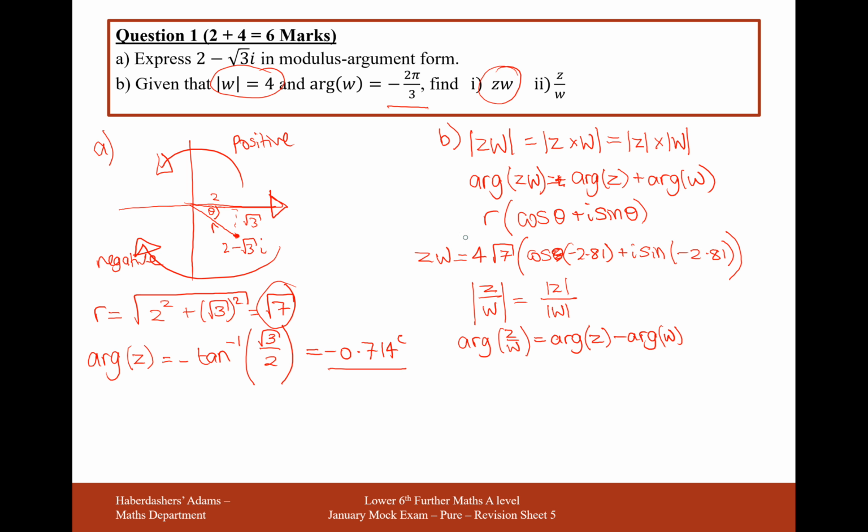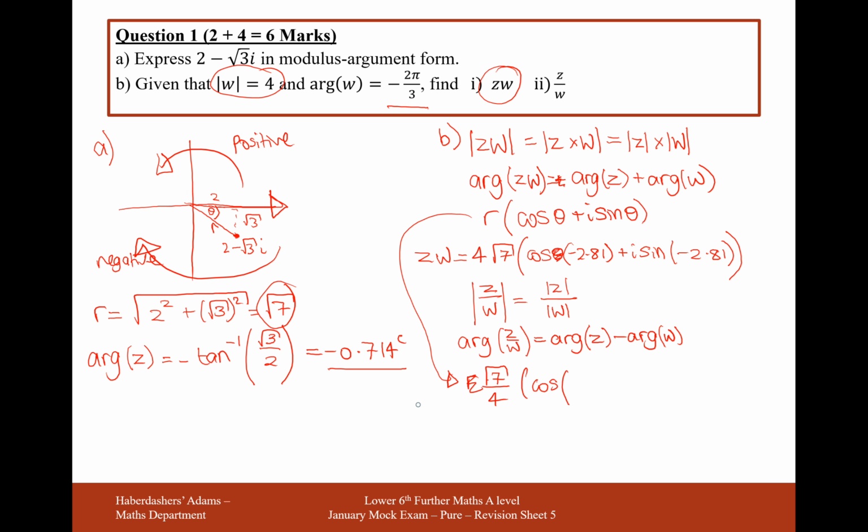Still in this form, it's going to be z over w, so it's going to be root 7 over 4, dividing our two moduluses here, times cos.